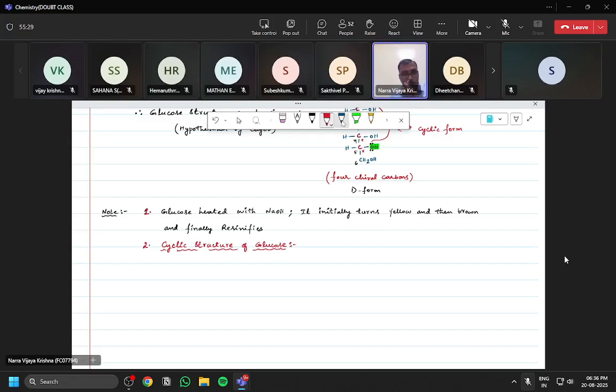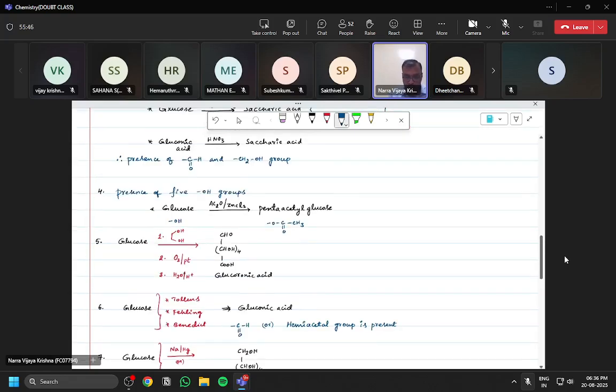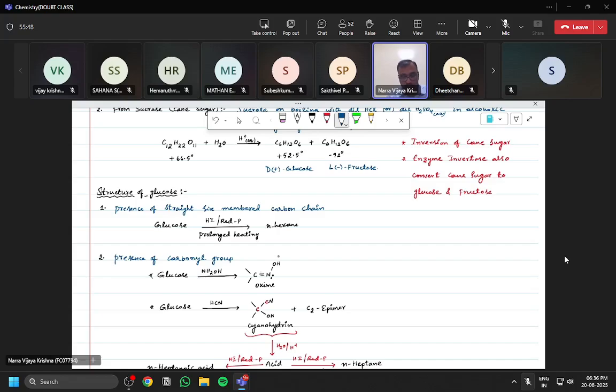One, glucose on reaction with acetic anhydride gives the pentaacetate of glucose. When this pentaacetate is allowed to react with hydroxylamine, there is no reaction. But actually, glucose should react with hydroxylamine. Glucose reacts with hydroxylamine to form an oxime.